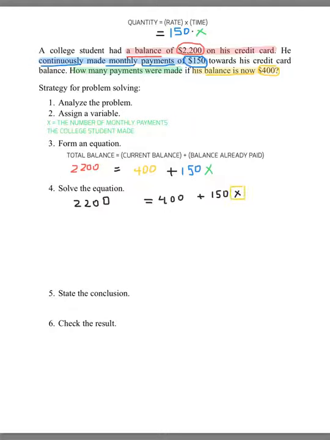Currently we're multiplying x by 150, and then we're also adding 400 to it. So whenever solving, you always want to eliminate the addition or subtraction part first. So you're going to want to eliminate the addition of 400. The only way to do so is by the opposite operation. Opposite operation of addition is subtraction. So we're going to have to subtract 400, but not just to one side, but to both sides of the equation.